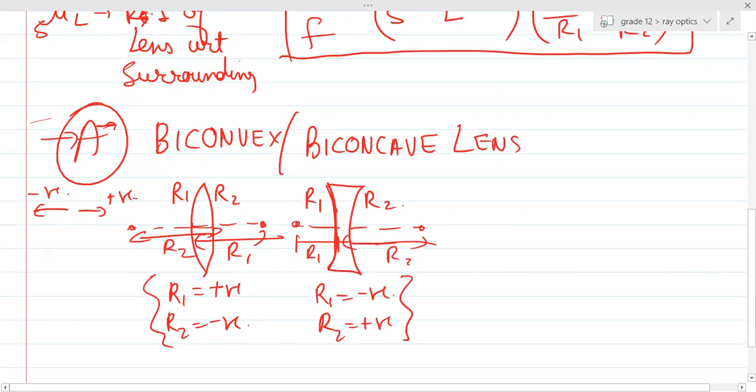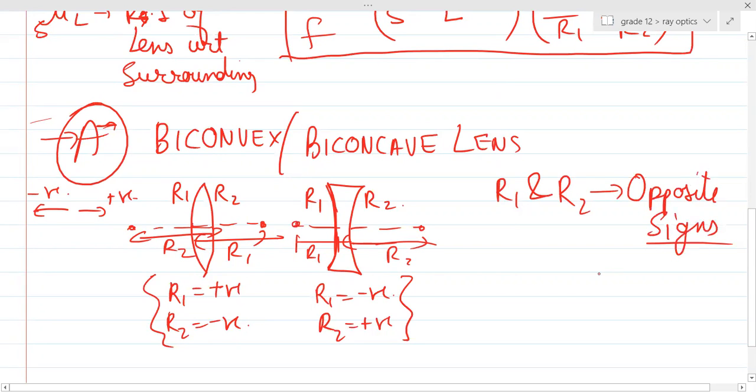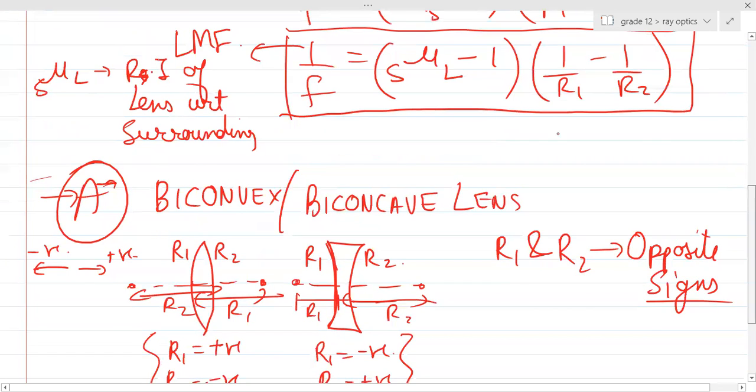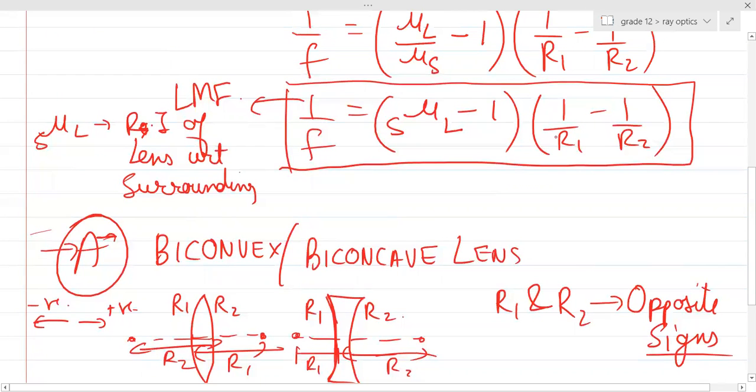In the case of a biconvex or a biconcave lens, R1 and R2 will always have opposite signs. Will they always have opposite signs? Yes or no? So if they have opposite signs, then if I just calculate the magnitude, this will be positive and this will be negative, so negative will become positive.